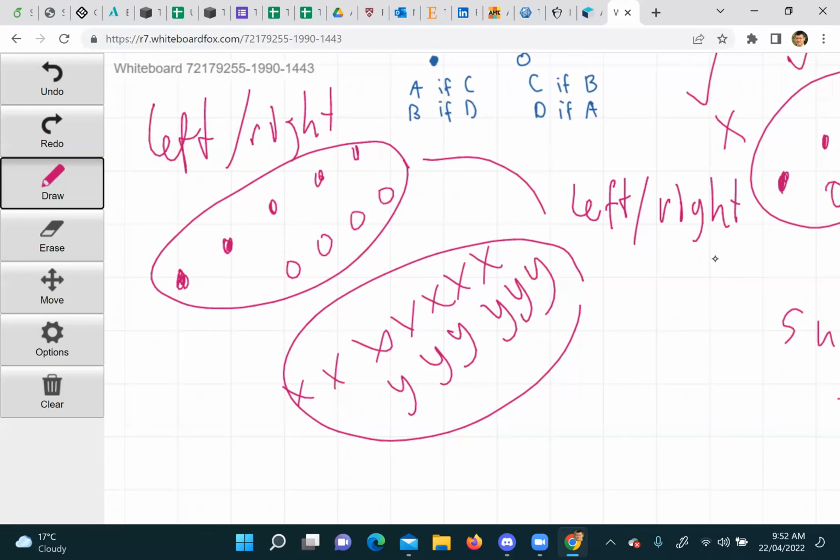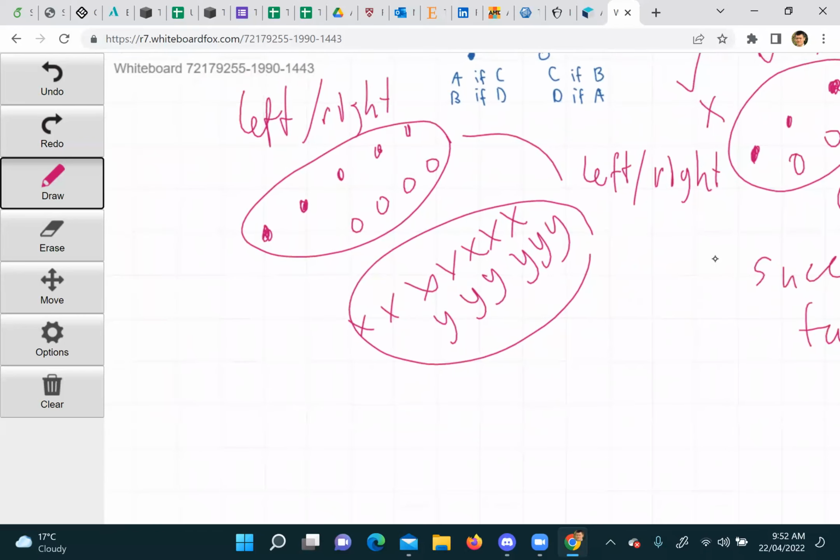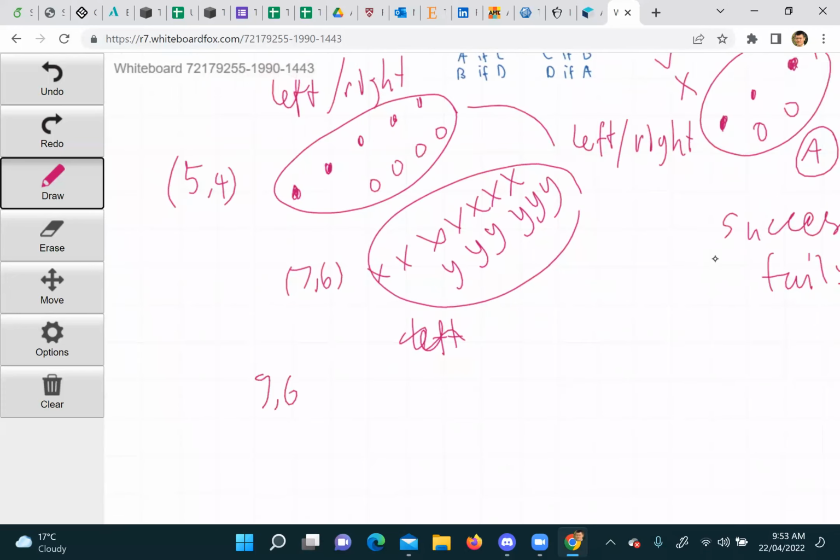So say the sevens, they choose left if the top picking left is good, and they pick right if the top picking left is bad. So let's call this 5-4, and let's call this 7-6. What is the 7-6 decision process?